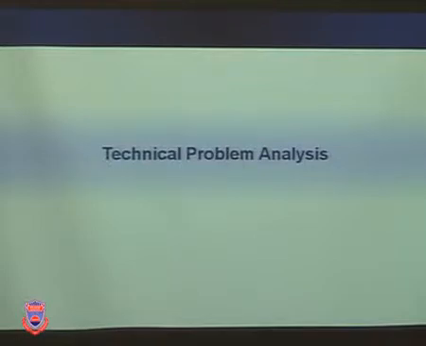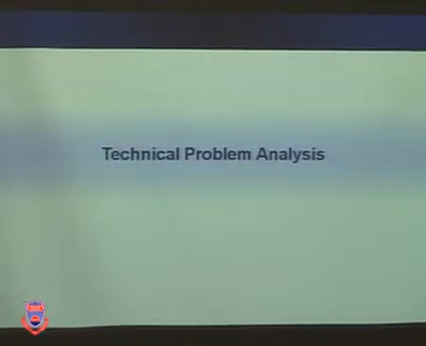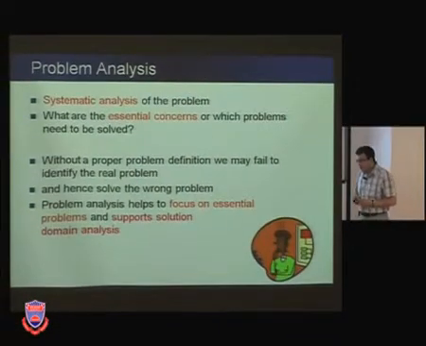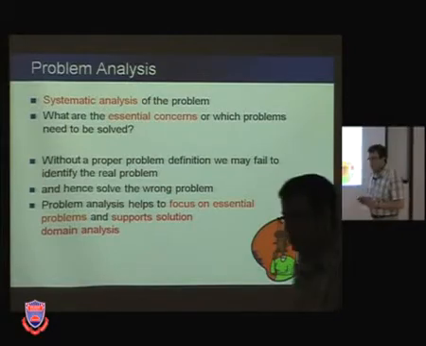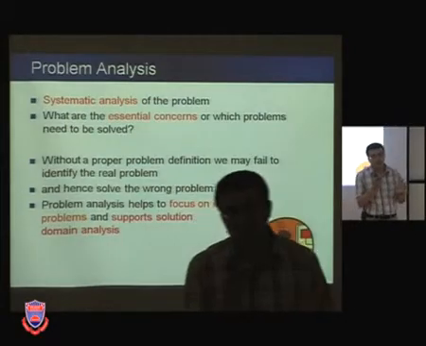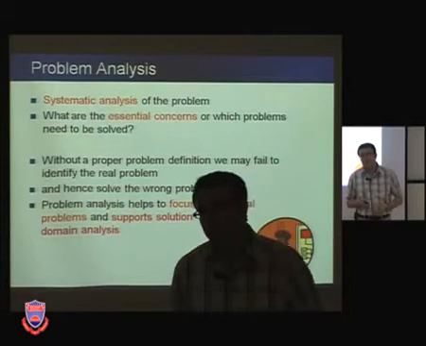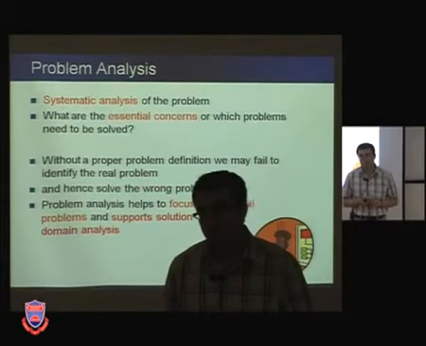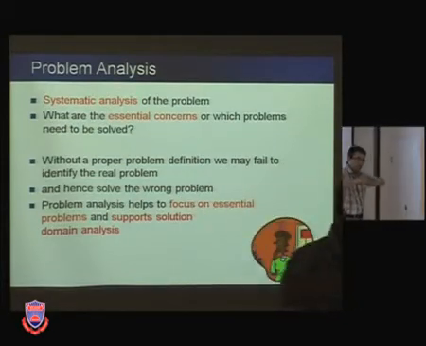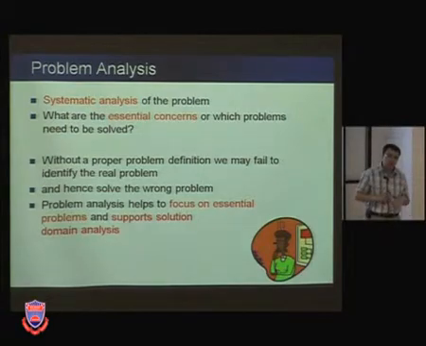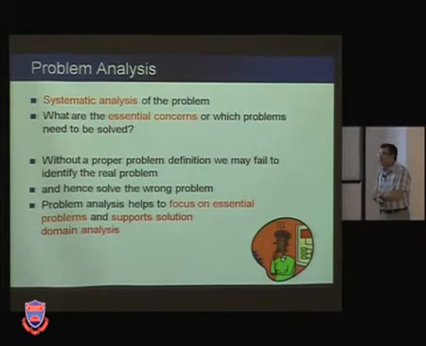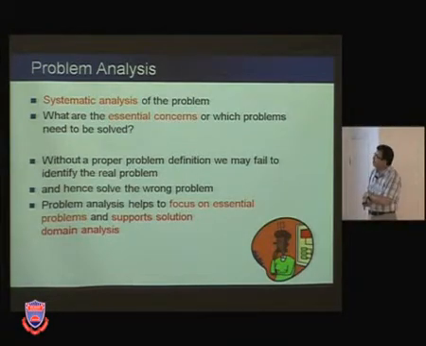So now we will come to the technical problem analysis. Technical problem analysis is a process between the architectural requirements analysis and domain analysis. These three processes can overlap, but they have all a specific goal. Requirements analysis is just to identify the client's wishes.